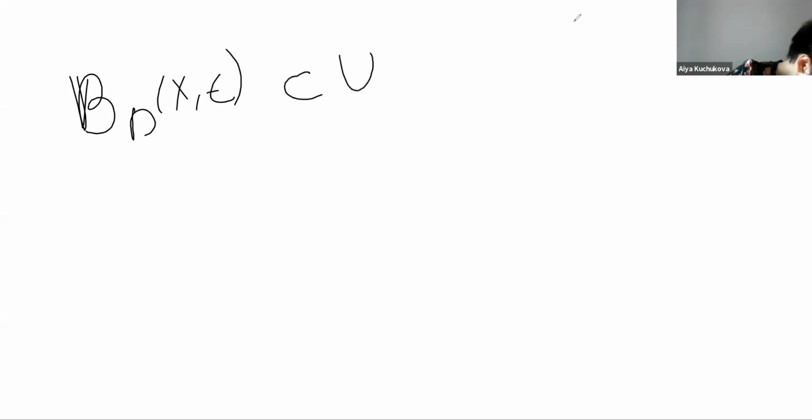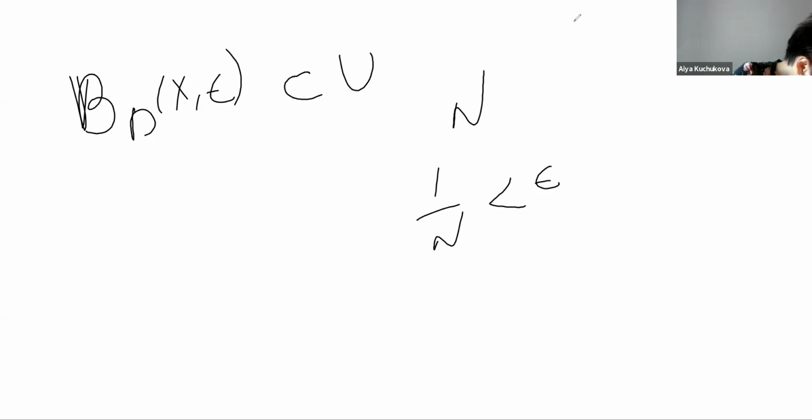So we have some ball B_d(x, epsilon) lying inside of the U. And then we choose N so that 1 divided by N is smaller than epsilon.